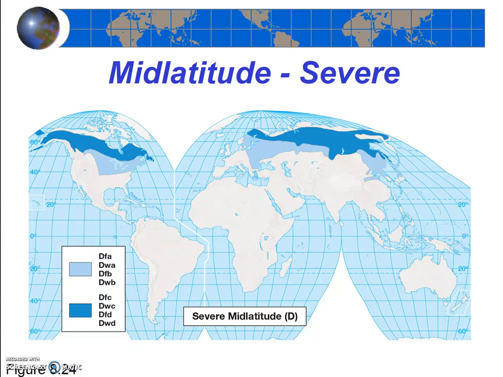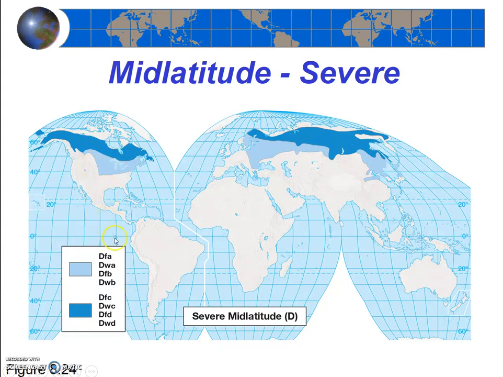As you look at the distribution of D climates, there's another characteristic of D climates that should be jumping out at you right now, and that's that they're only found in the northern hemisphere. Interesting, eh? Why is this? Well, they're located between 40 and 70 degrees north, and they're highly influenced by the continental interiors.